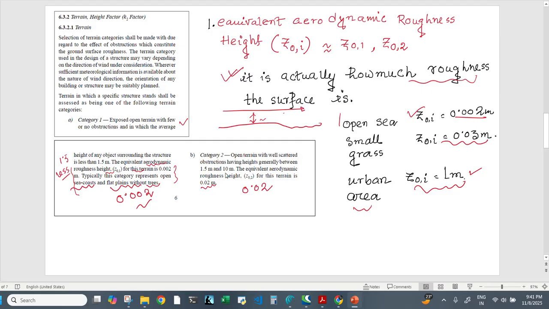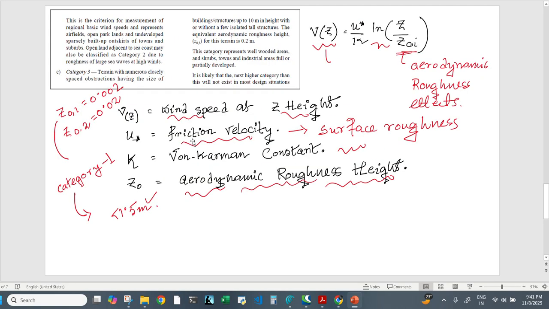Category 2 is 1.5 to 10 meters. This is the criteria of measurement. Basic wind speed represents open parklands, 1.5 meter to 10 meter.